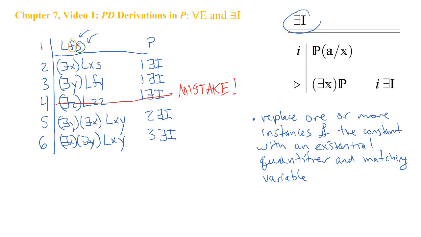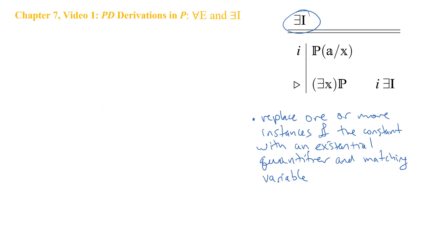When we apply existential introduction, we're going to wind up with 2 different variables. Let's take a look at a fairly simple derivation that combines each of the 2 rules we've been looking at.